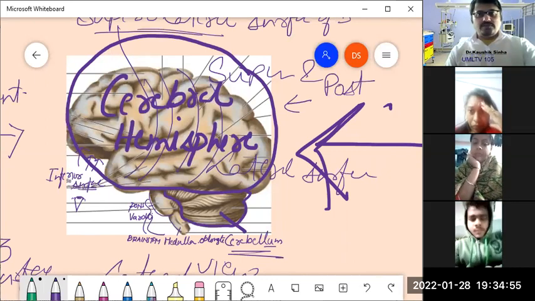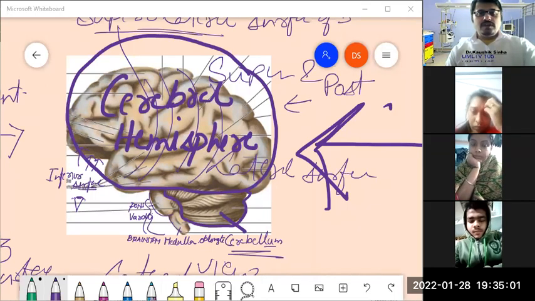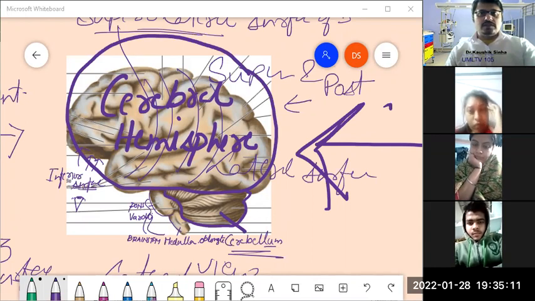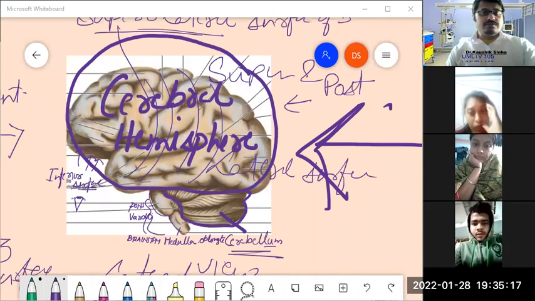I mean, say for example, okay, let me give you first another view which probably will be helpful to understand the third surface of the brain. And that view is the inferior view of the brain that I have just mentioned.